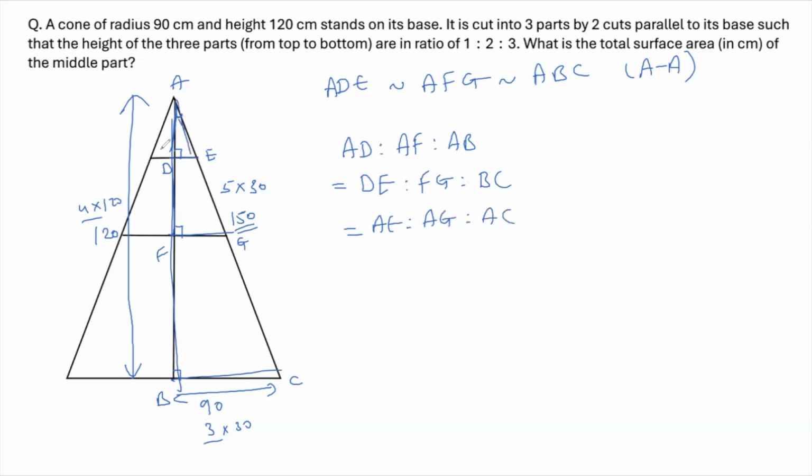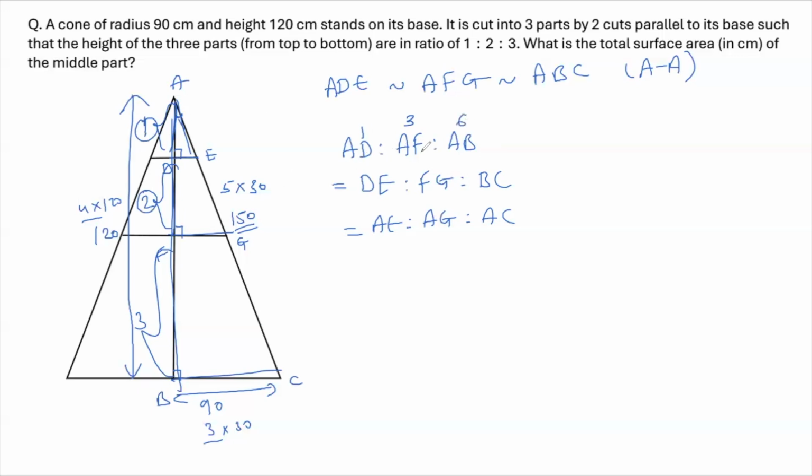Now, from the question we have been given, AD is to DF is to FG as 1 is to 2 is to 3, right? So if AD corresponds to 1, DF corresponds to 2, then AF will correspond to 1 plus 2, 3. And AB will be 1 plus 2 plus 3, that is 6.